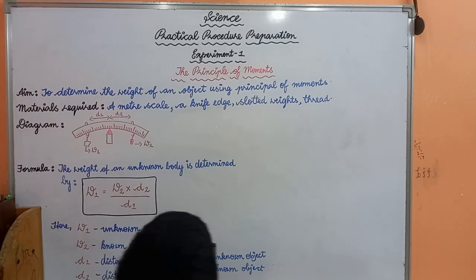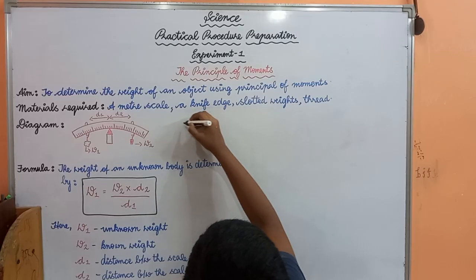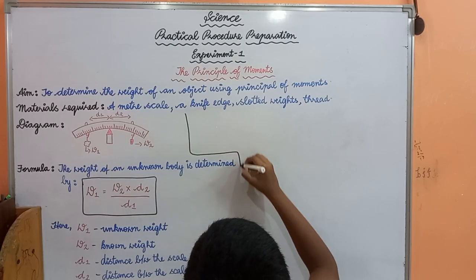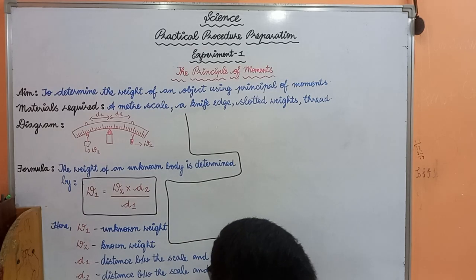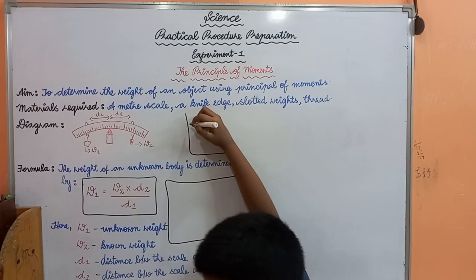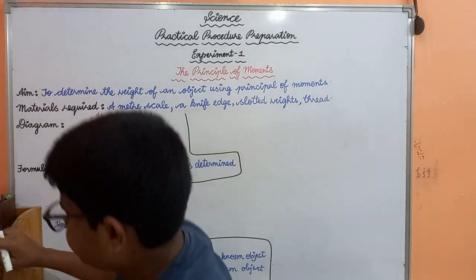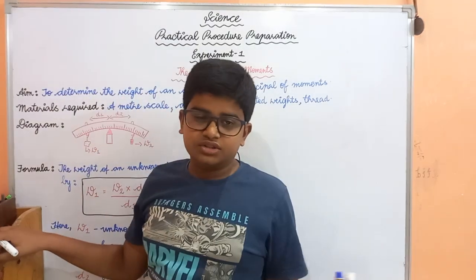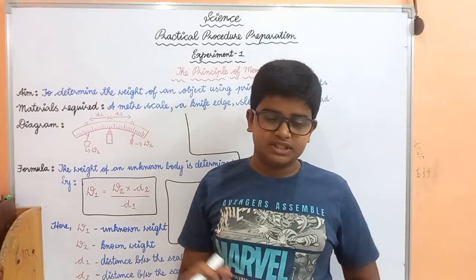Now we have to look at the procedure. There are calculations, but first, okay. So guys, how does a procedure test work? They just give you a sheet of paper and tell you any experiment, like physics experiment number 3.